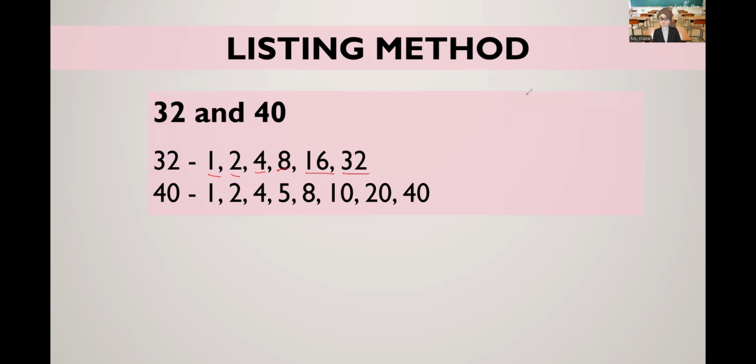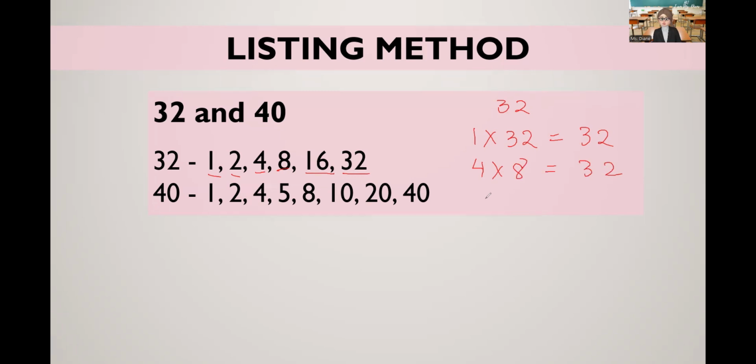How did we get that? The factors of 32 are, if we multiply 1 times 32, that is equal to 32. If we multiply 4 times 8, that is equal to 32.